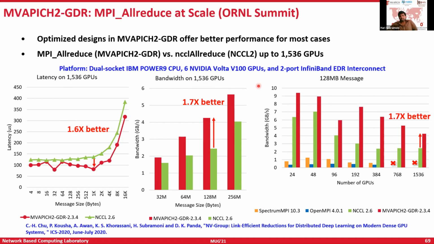And this directly gets translated to the performance of TensorFlow training. Here we are looking at the overall bandwidth we get comparing different MPI libraries like Spectrum MPI, Open MPI, NCCL, and MVAPICH2-GDR. So this also leads to significant benefits. For more details, please look at this paper.